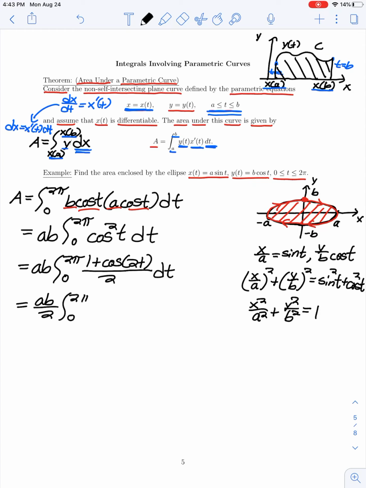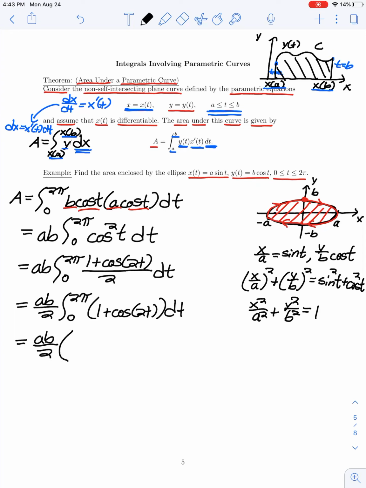So I have ab over 2 times the integral from 0 to 2 pi of 1 plus cosine of 2t dt. Let's see what we have for our antiderivative.